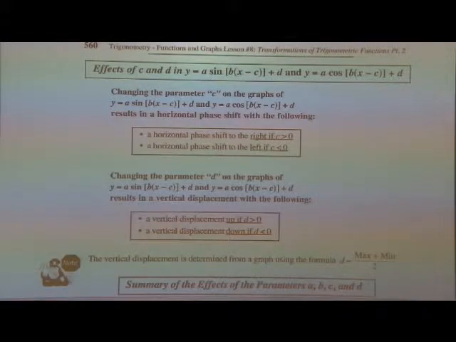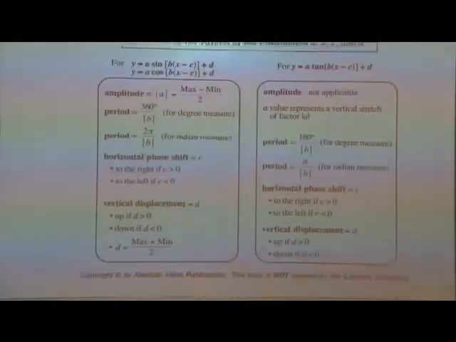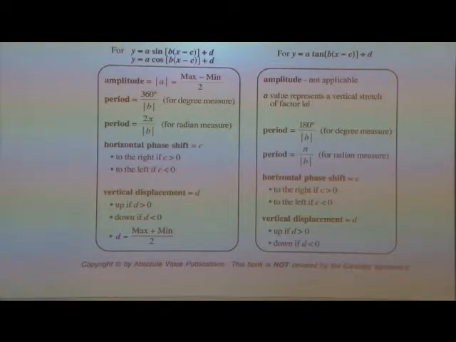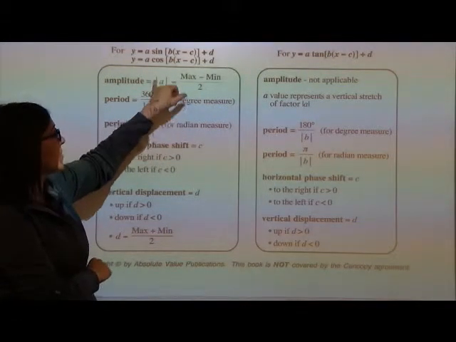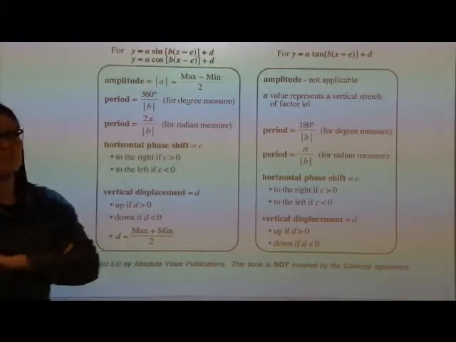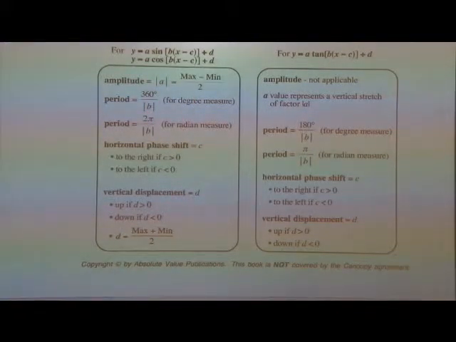Okay, so the next page just summarizes the idea of the horizontal and vertical translations, the phase shift and the displacement. This right here basically summarizes what we've done in pretty much lessons 6, 7, and 8. So the amplitude, which is the absolute value of that A value, is the max minus min divided by 2.